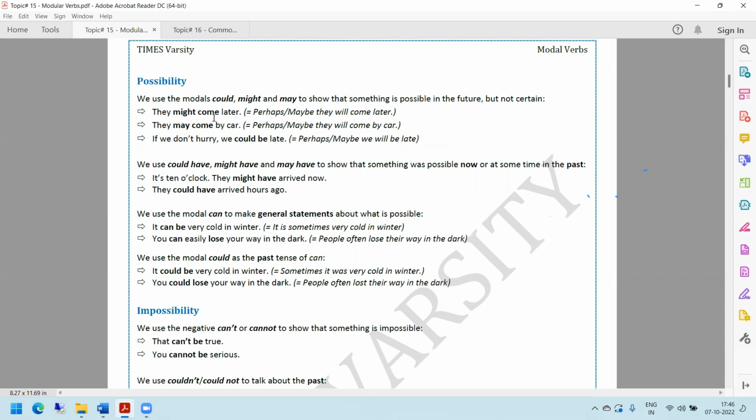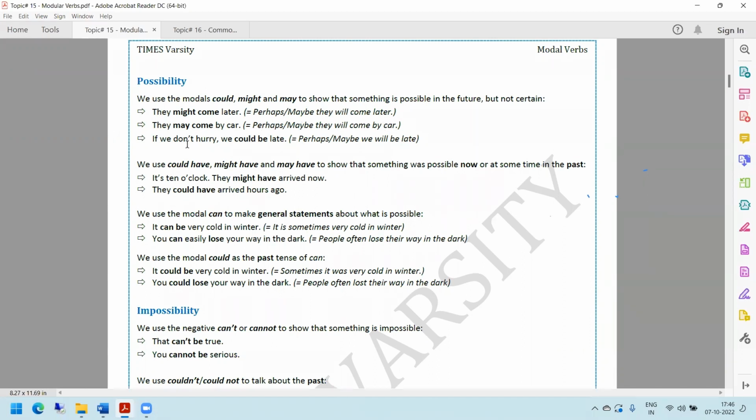So they might come later. Here, might is used to express perhaps, or maybe they will come later. Similarly, may is also used. They may come by car, perhaps. Maybe they will come by car.